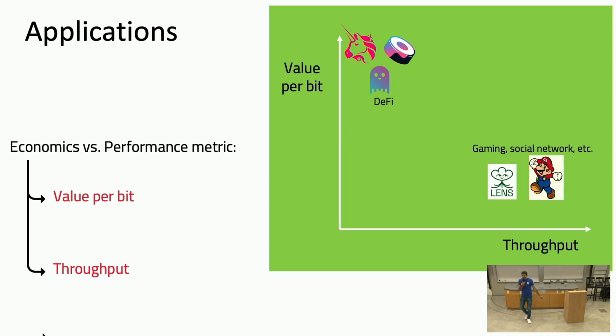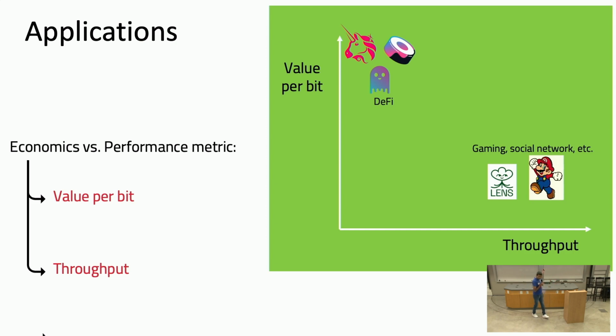Okay, so there are a lot of interesting applications which actually sit on the other side, the bottom right, with high throughput and low value per bit. Imagine a tweet. We tweet a lot. Most of it doesn't make any value. I mean, hopefully it's useful for somebody, but mostly, maybe I can speak for myself, most of them are useless.